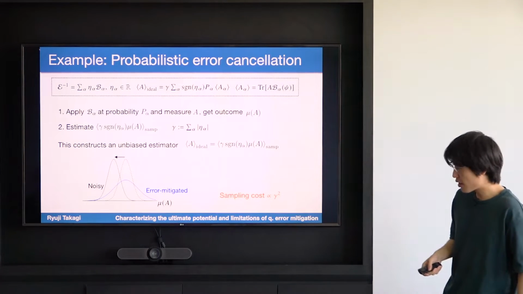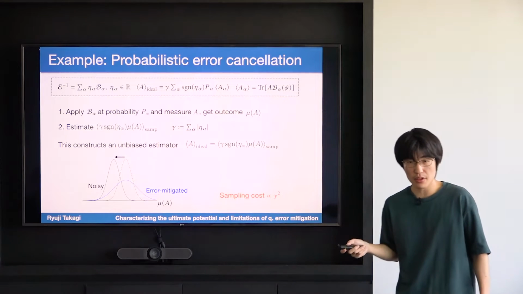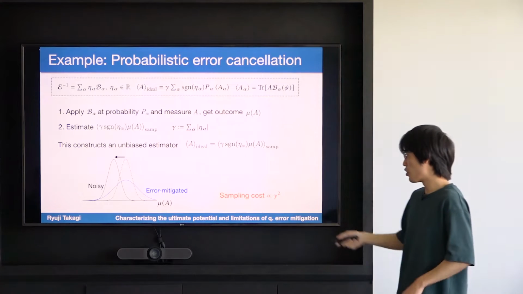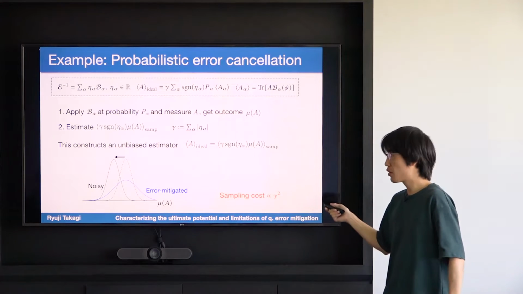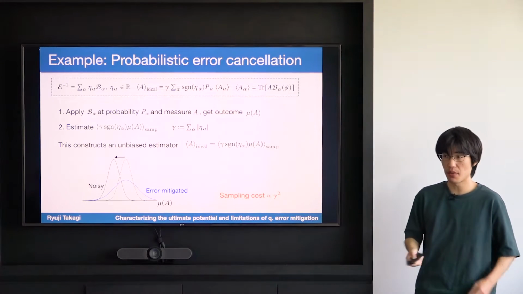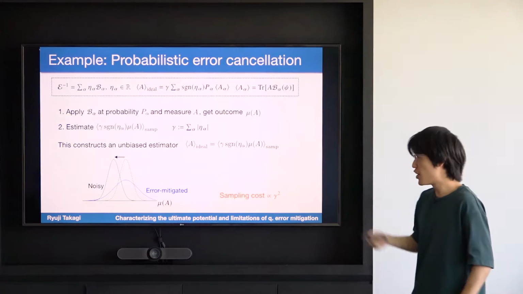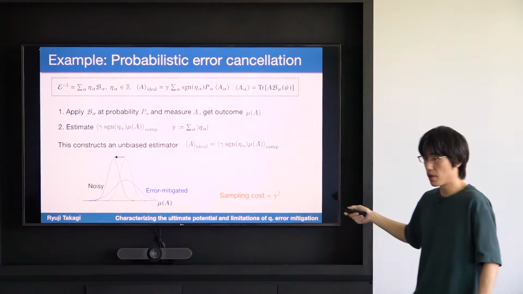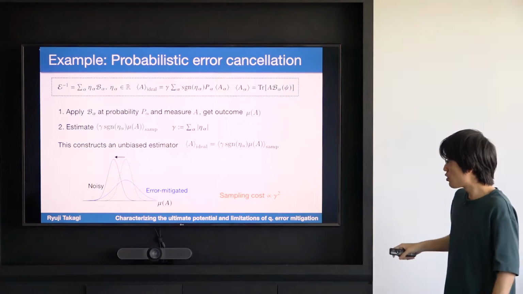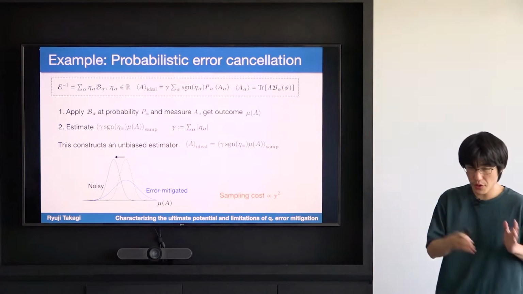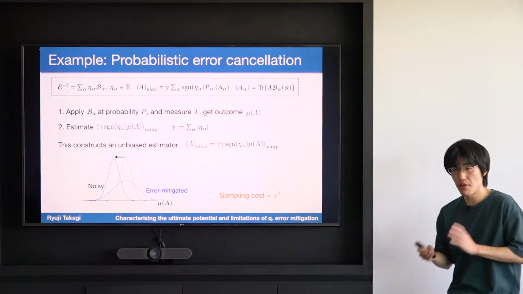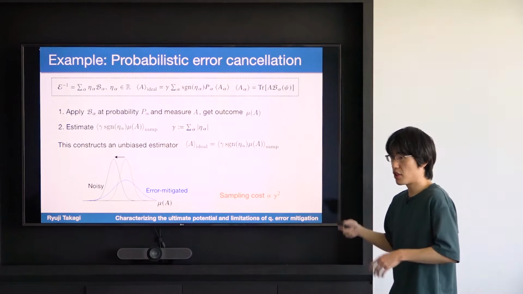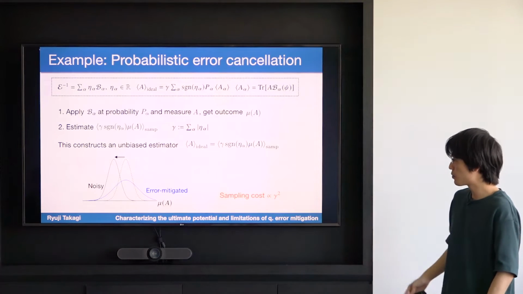So if you think about that, then the sampling cost you need to pay to achieve the target accuracy is going to be proportional to gamma squared, where gamma is, again, the sum of the absolute values of the coefficients. And this is because this broadening happens because of the multiplication of this gamma. So this is how you try to get the original classical information back, but at the cost of more sampling cost. But this is just one example of error mitigation.